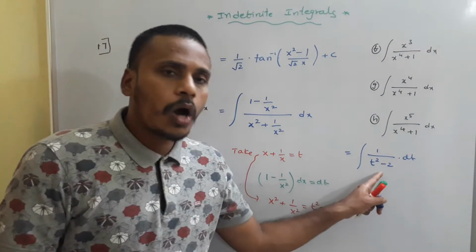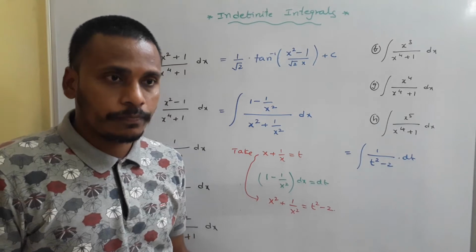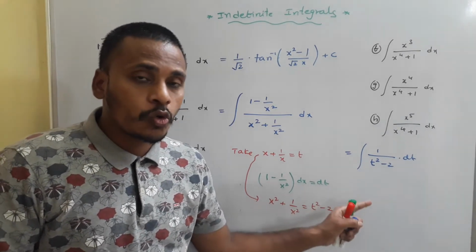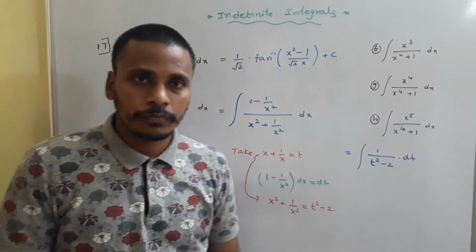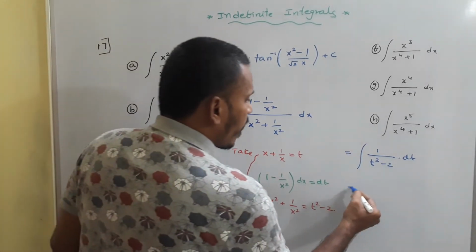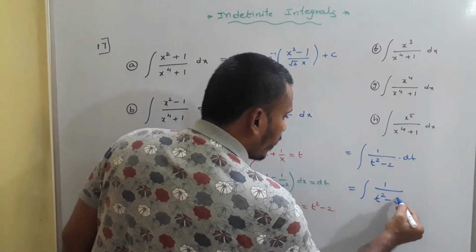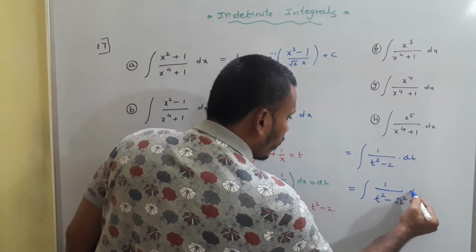So now how to answer this t square minus 2? t square minus 2 can be written as t minus root 2 into t plus root 2. Otherwise we have another formula for this, 1 by t square minus root 2 square dt.